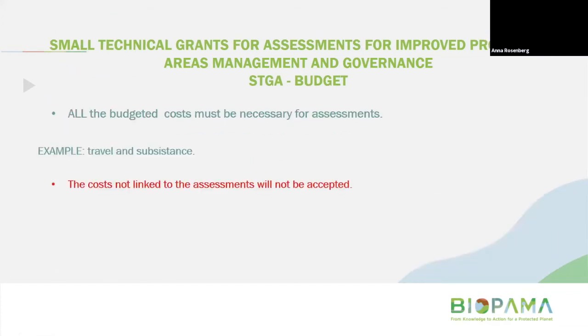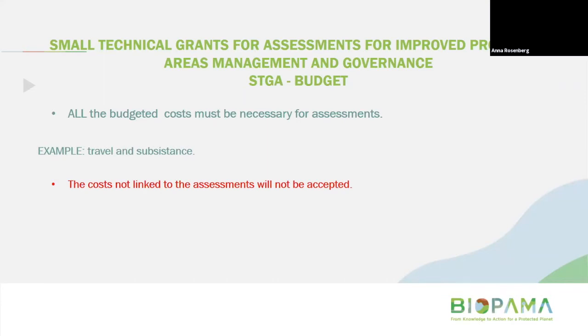And the conclusion, which has already been referred to by Carol: everything in this proposal should be directly linked to assessment. Only the costs related to assessment are necessary and will be accepted.